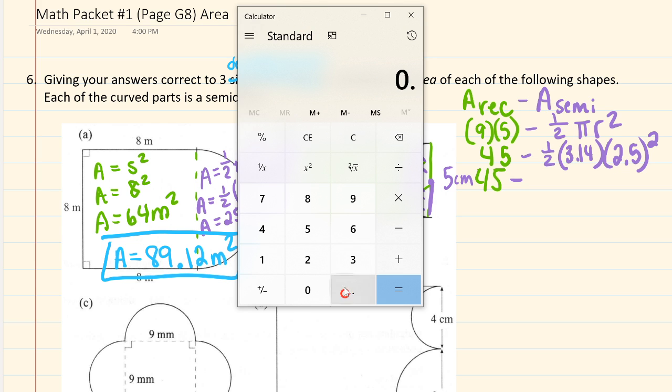So 1/2, 0.5, times 3.14 times 2.5 times 2.5 again. So 9.8125.